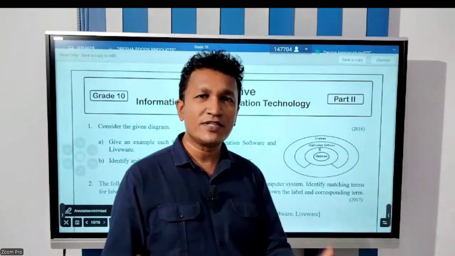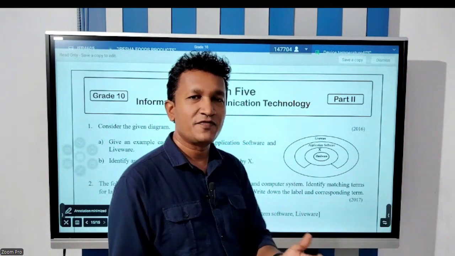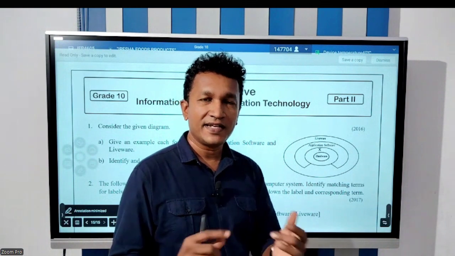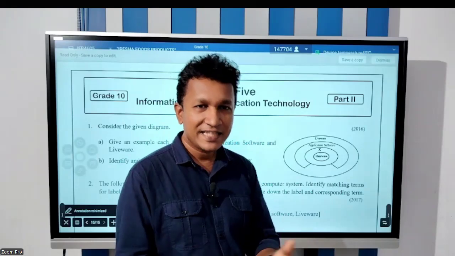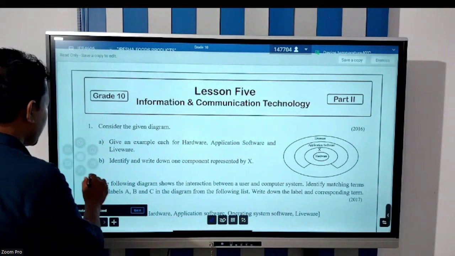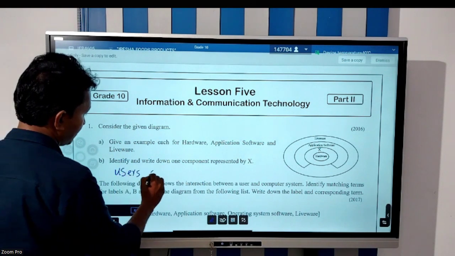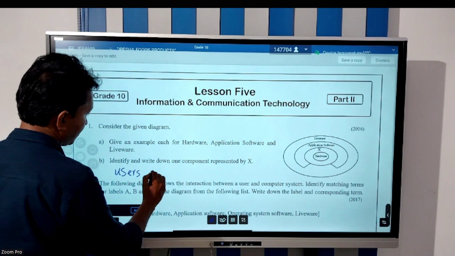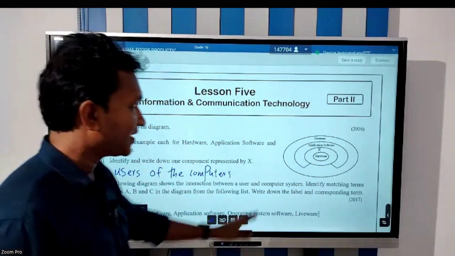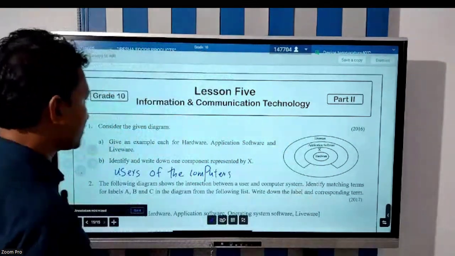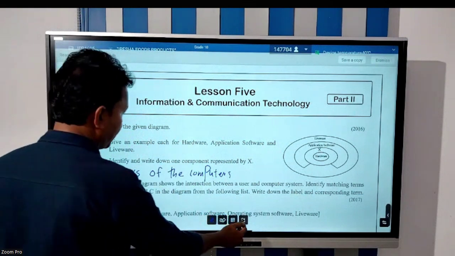Liveware means the users of the computer. Application software, hardware, and liveware. Users of the computers are liveware.